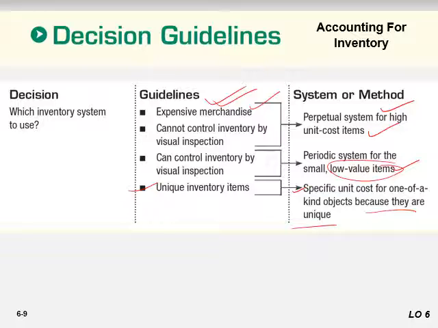We just multiply with that cost. You don't have to find out which bricks came first or which areas. The whole item is uniquely built. So we call that the unique inventory system, which is the specific unit cost method.